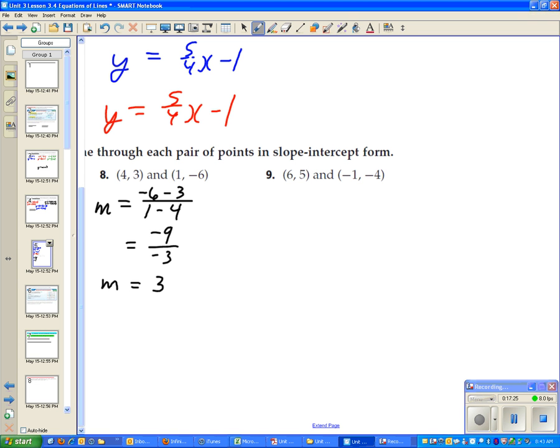Because it doesn't matter. We will get the exact same final answer no matter which point we use. Which one do you want to use? The 4, 3 or the 1, -6? 4, 3. We'll ignore that one. We'll use that one. So y minus y1 then is 3 equals m 3 times the quantity x minus, and then x1 has to be 4.